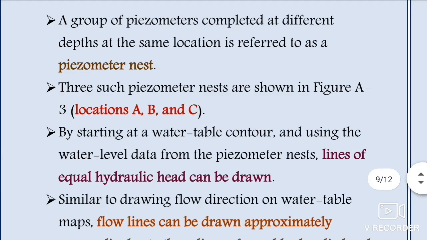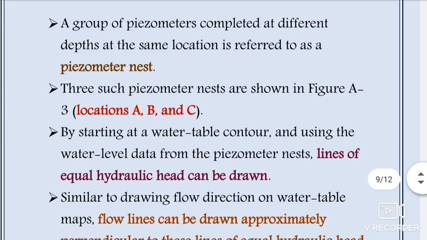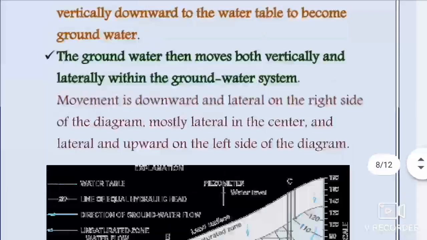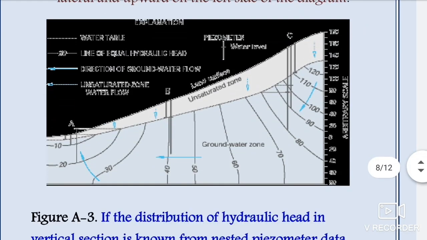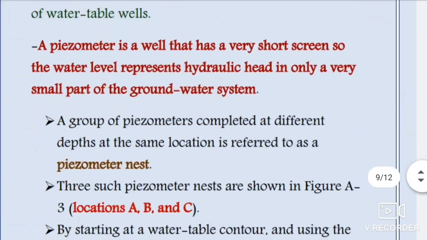By starting at the water table contour and using the water level data from the piezometer nests, lines of equal hydraulic head can be drawn. As you can see here, they are given as 10, 20, 30, 40, 50, 60, drawn at equal distances.